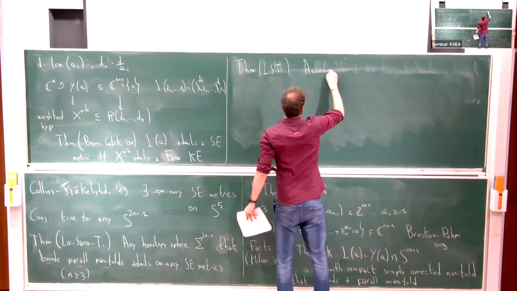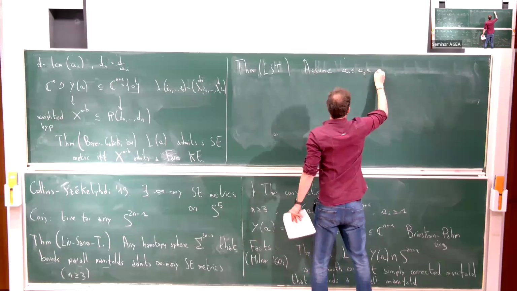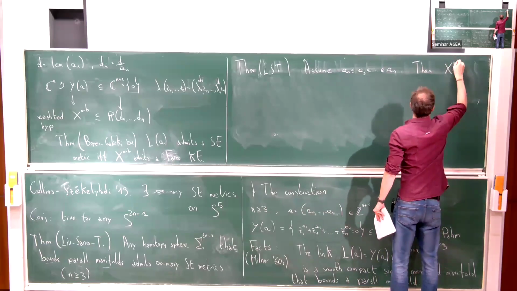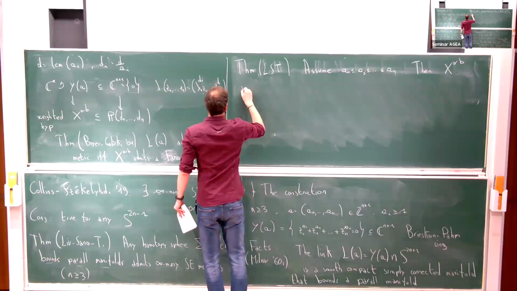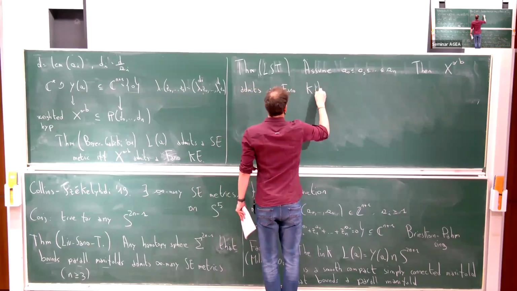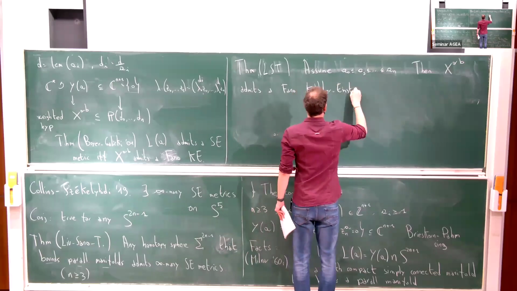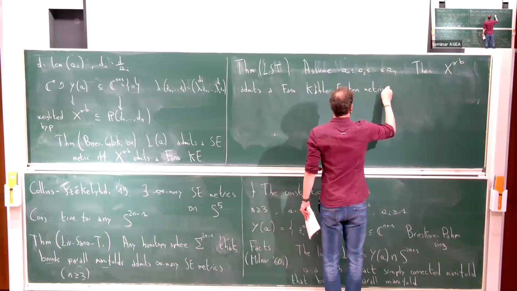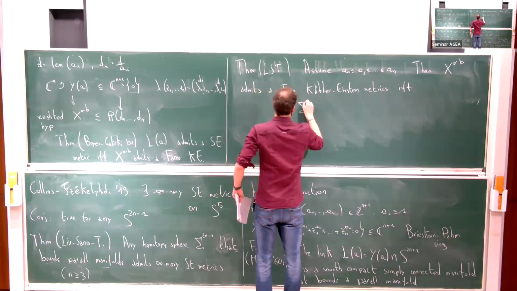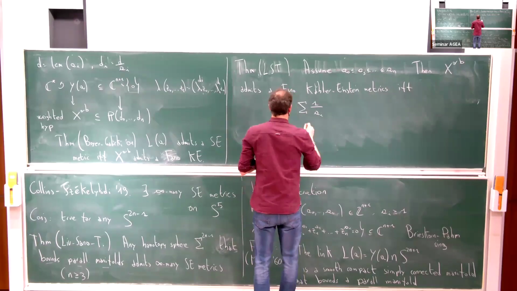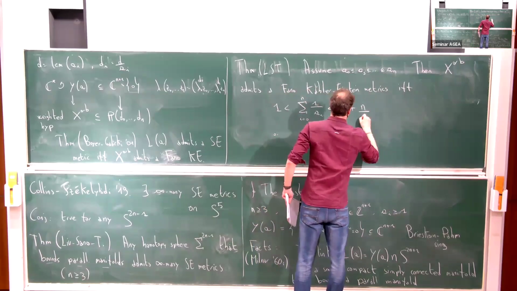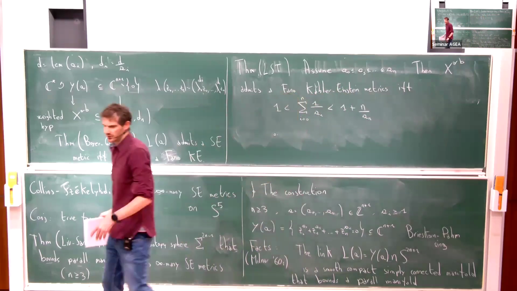Order your a_i, a_0 up to a_n, then X_orb admits a Fano Kähler-Einstein metric if and only if one is less than the sum of the 1 over a_i, and this must be less than 1 plus n over the biggest weight. So this is our criterion.